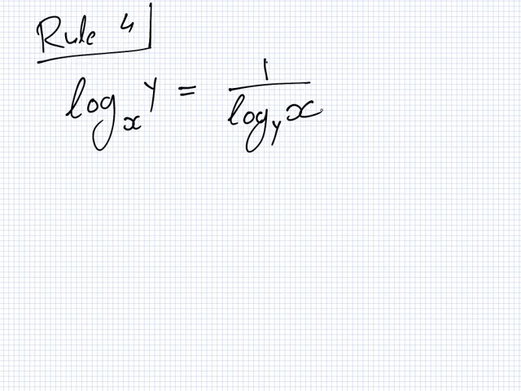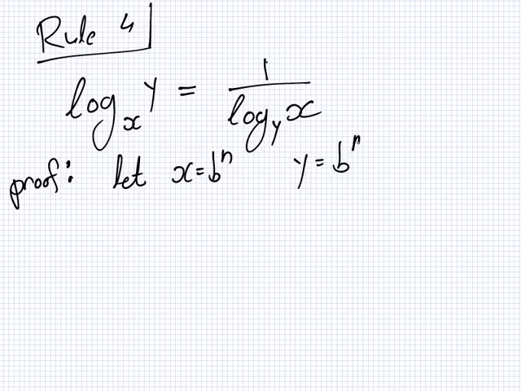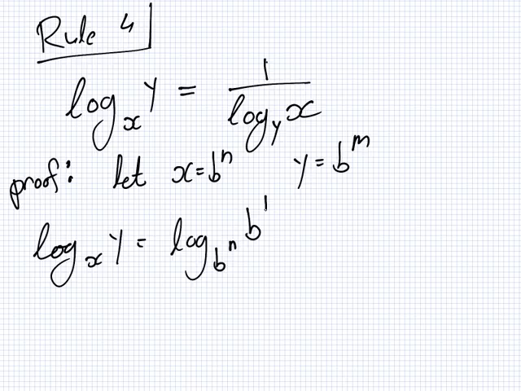Okay. We'll try and do the proof for this one as well. So again, we'll say let x equal b^n and y equals b^m. Then log_y x equals log_{b^m} b^n. Now, I'm sure somebody will know this, but it's a bit hard. What does this equal? So b^m to what power will make b^n?